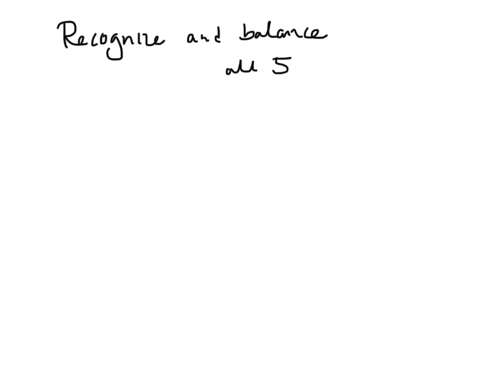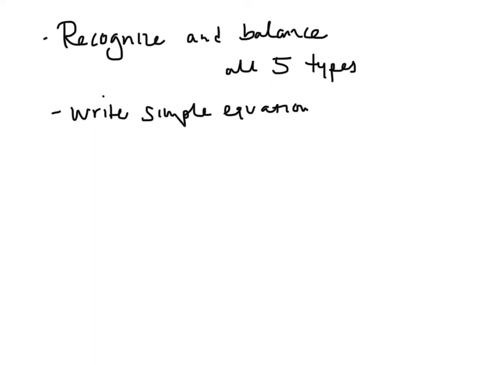So all 5 types. You should also be able to write some fairly simple equations from words. You will find practice problems for this in the quiz found at the end of section 11.1.